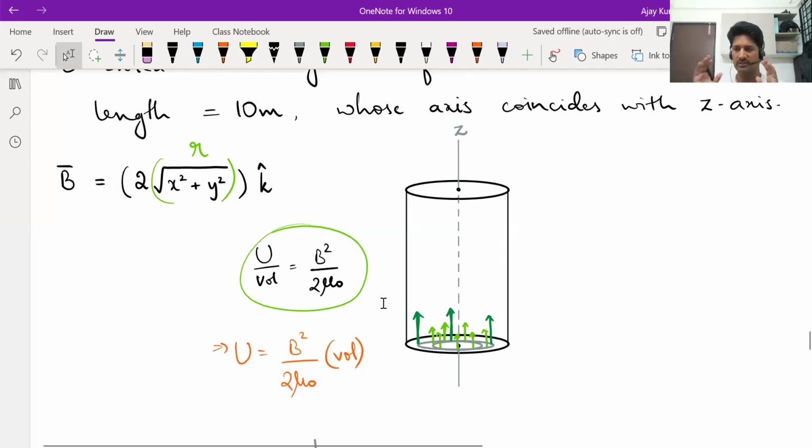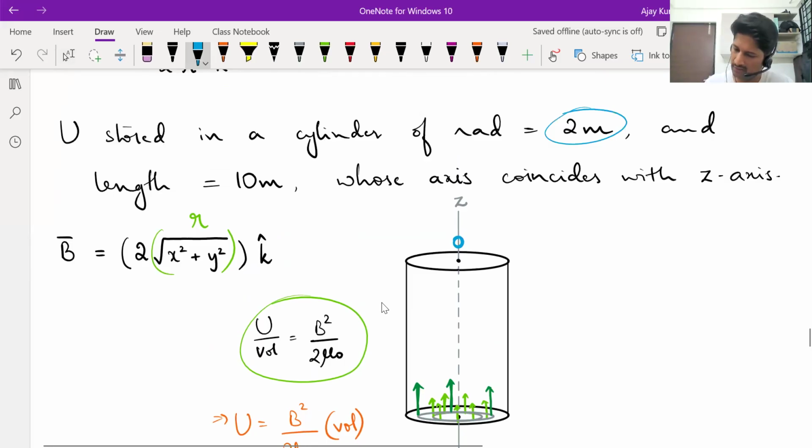So the original space given to you is a collection of these hollow cylindrical spaces. You have to find out the energy in one hollow cylindrical space and integrate it with proper limits. What are the proper limits? Radius 0 to, what is the radius of the cylindrical area given to you? 2 meters. So small r should vary from 0 to 2 meters.